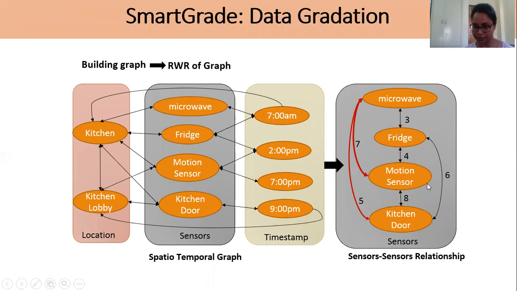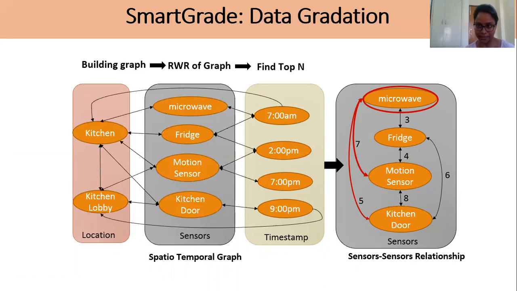Now we have found some scores, and then we see what are generally the most frequent sensors. As you can see here, microwave is most frequent, and the motion sensor and pitch and roll are very highly attached with microwave. So we can say that if microwave is there, they will be there anyway. So we can actually remove those two, and we don't need to put them.